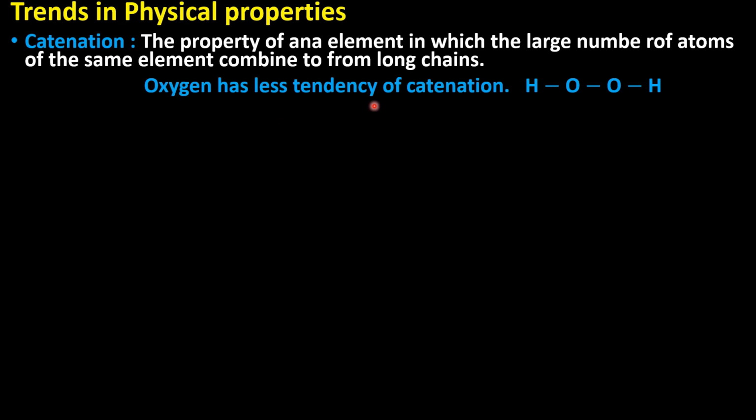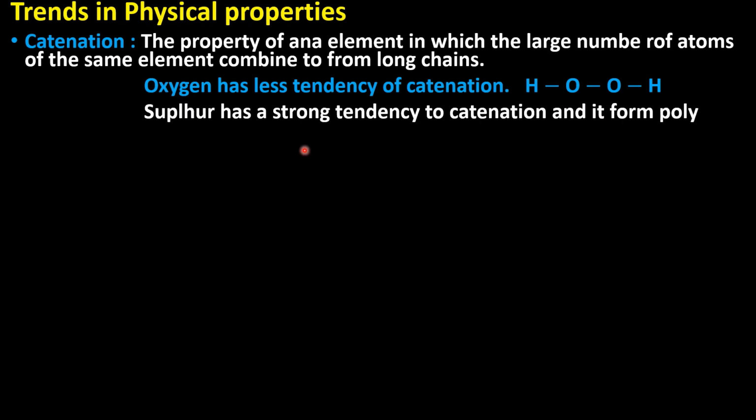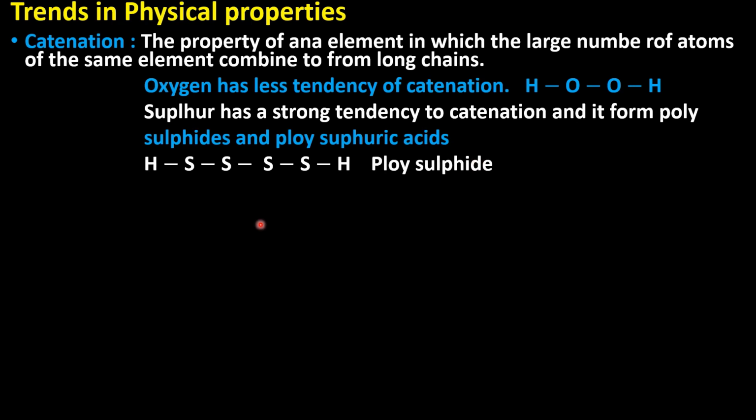And oxygen has a lesser tendency of catenation. About 2 or 3 atoms can form a chain in certain compounds. Sulfur has a strong tendency of catenation and it forms polysulfides and polysulfuric acids. So this is a polysulfide and polysulfuric acid.